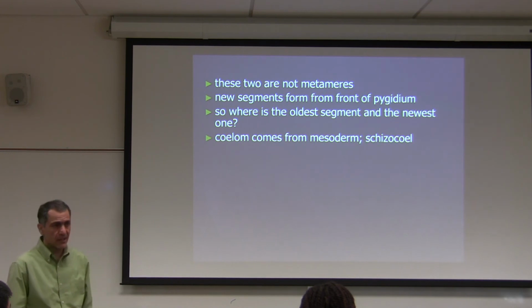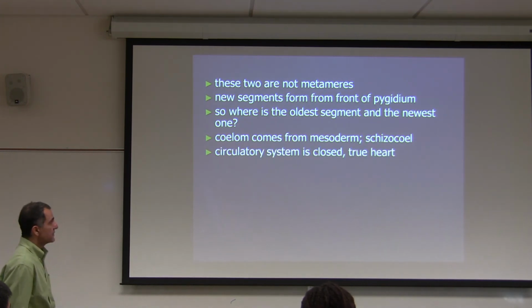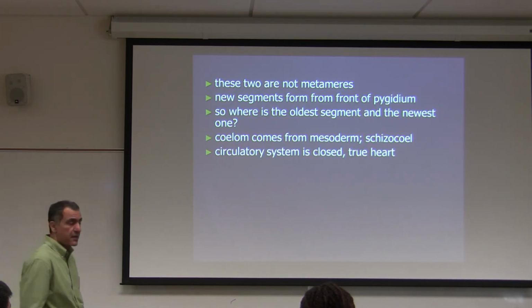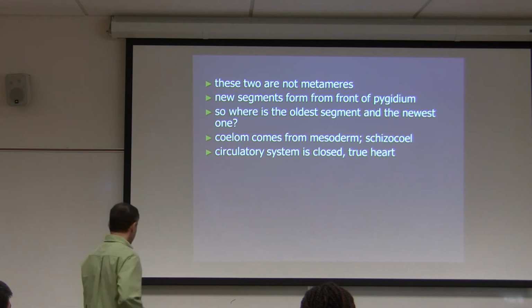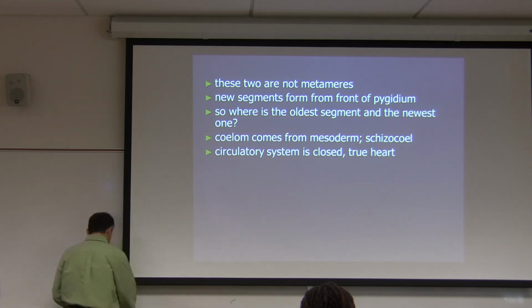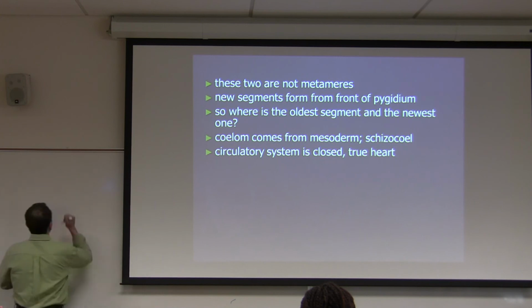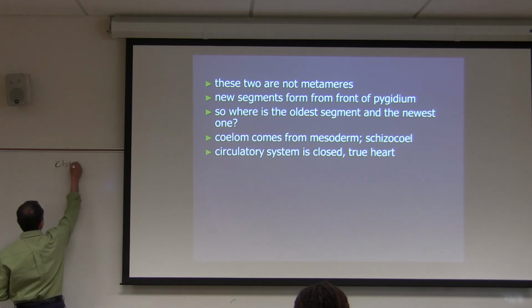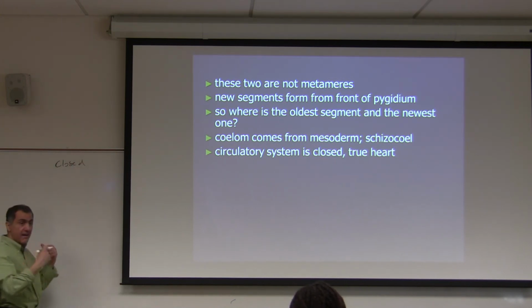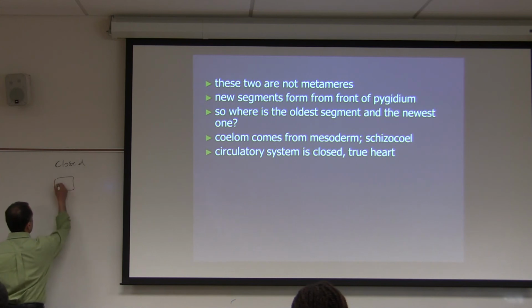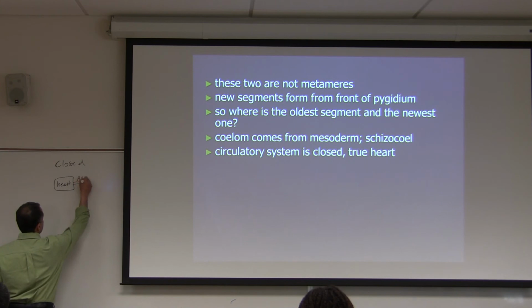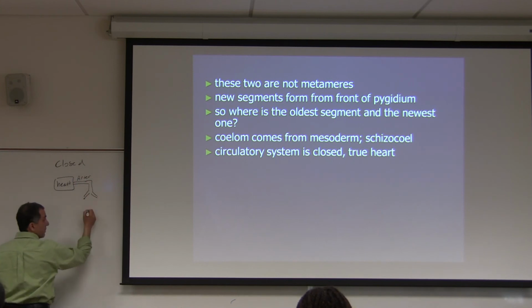We already talked about that at the beginning of the semester. Circulatory system is closed, with a true heart, versus an open circulatory system. Let me draw it here. A closed system like the one we have: a heart has an artery, and the artery branches into arterioles, and arterioles branch into capillaries, is that right?